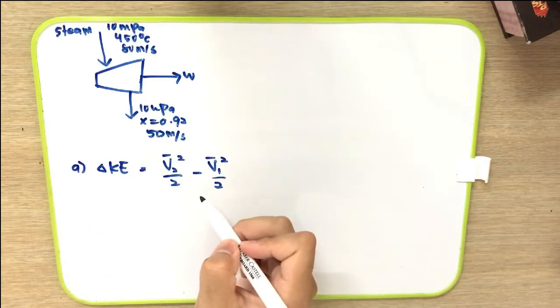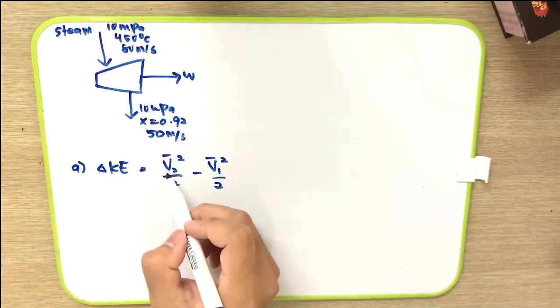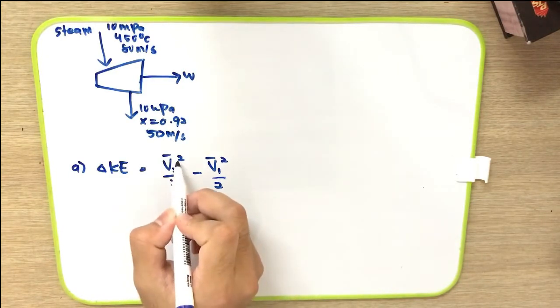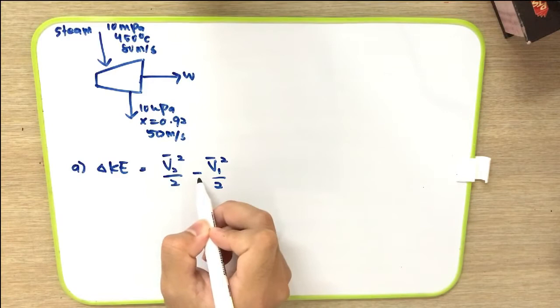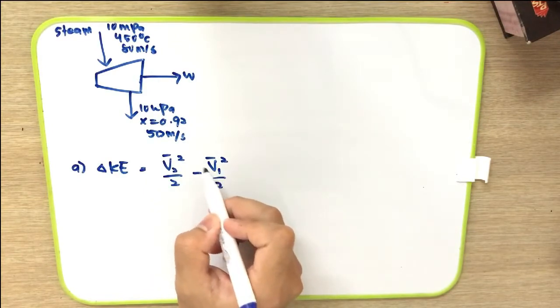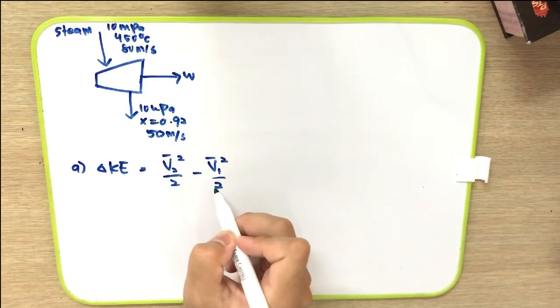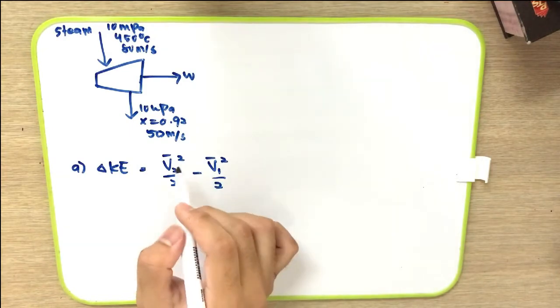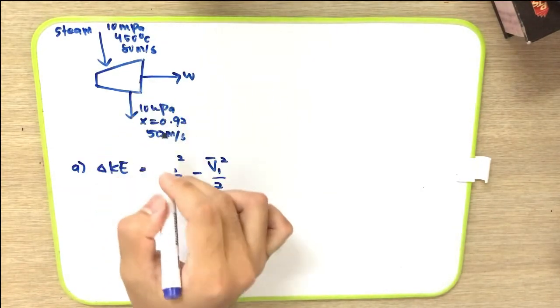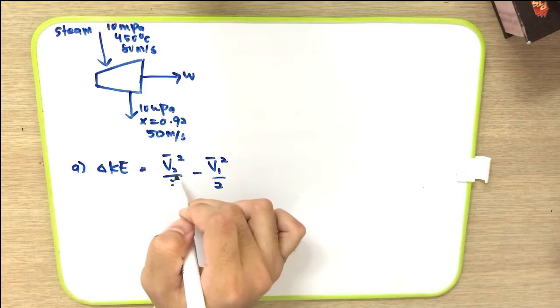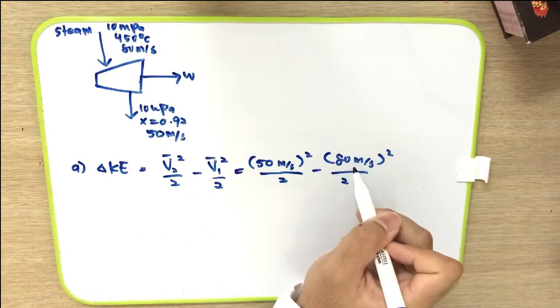We will use this equation in which the velocity at state 2 to the power of 2 over 2 minus velocity at state 1 to the power of 2 over 2, because we are given the velocity at state 1 and also state 2, we can just substitute in, then we will get the answer.